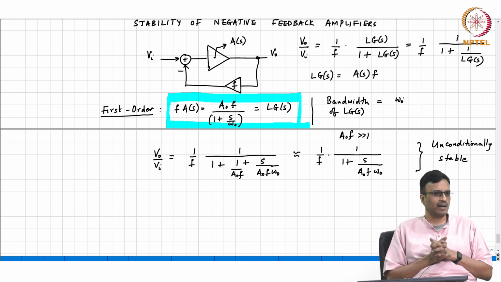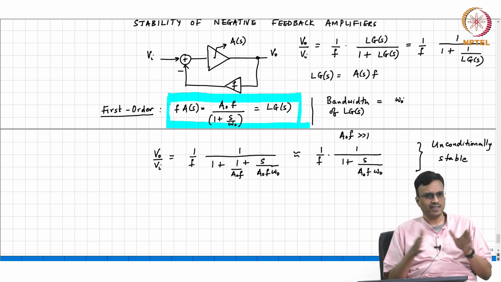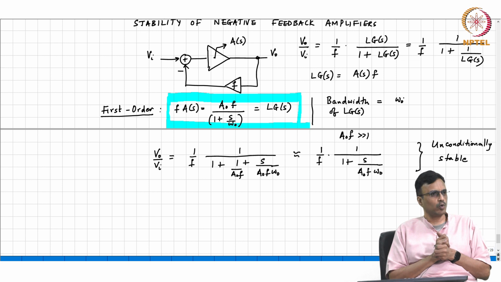Loosely speaking, the bandwidth is a number that quantifies the frequency range over which a system is useful. If you have a 5 megahertz bandwidth amplifier, and somebody says I need to process a 25 megahertz signal, then you say, well, this amplifier is simply not suitable, right?